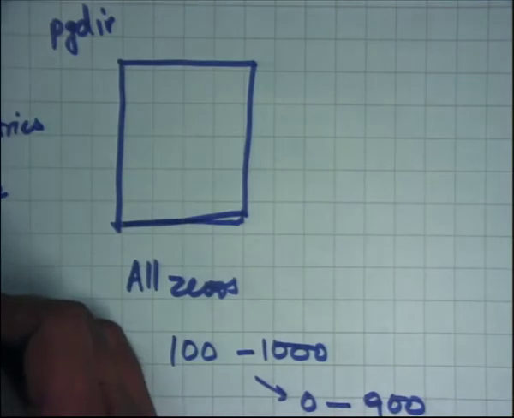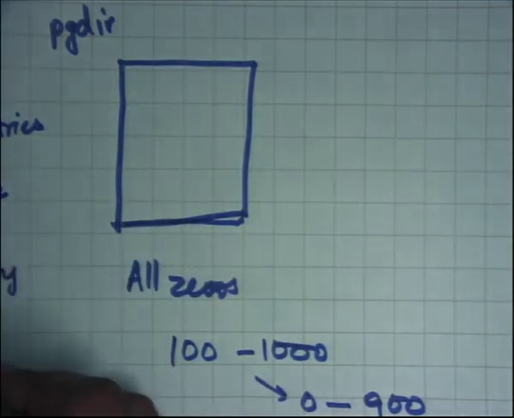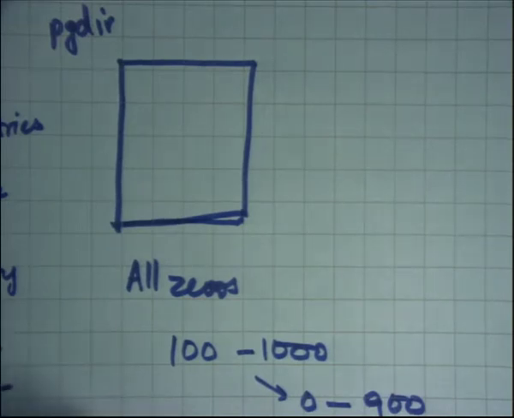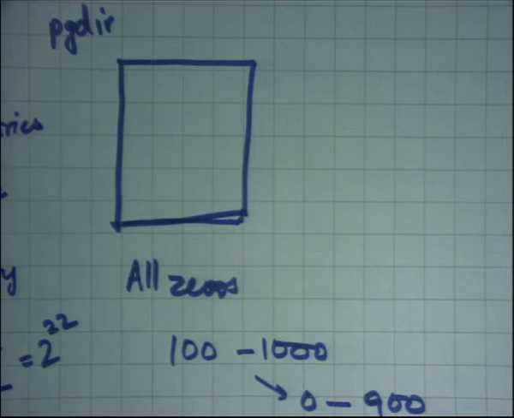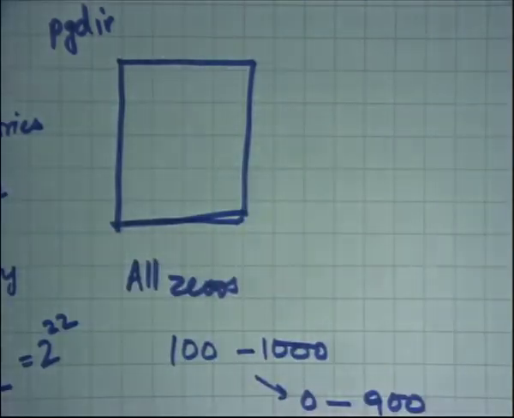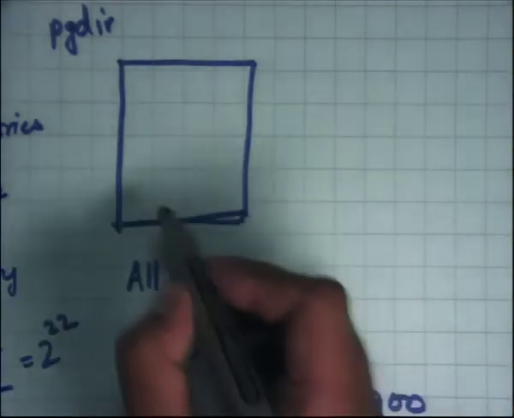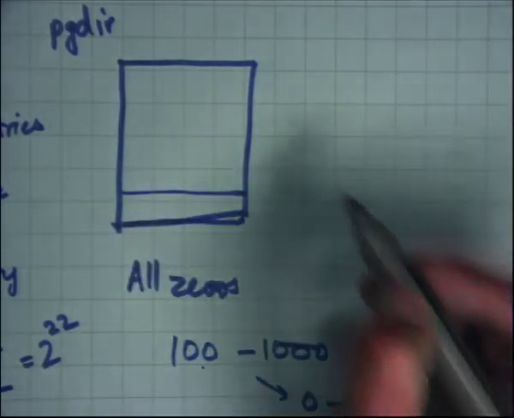So one entry is mapping 2 to the power 32 divided by 2 to the power 10, which is 2 to the power 22 address space, which is 4 MB, right? And recall that this 4 MB could be mapped using large pages, or it could be mapped using another level of indirection using a page table, right? So in this case, 100 is going to be the first entry within the first 4 MB.